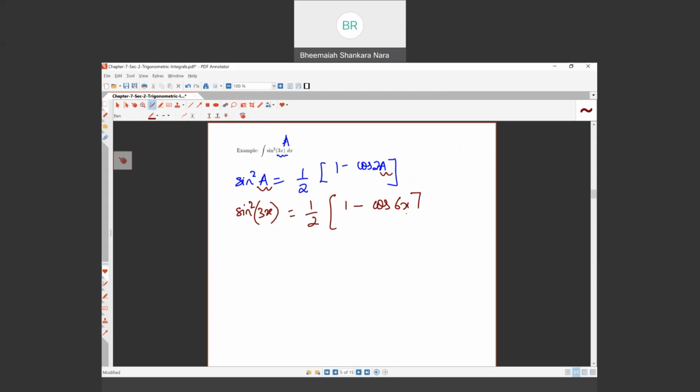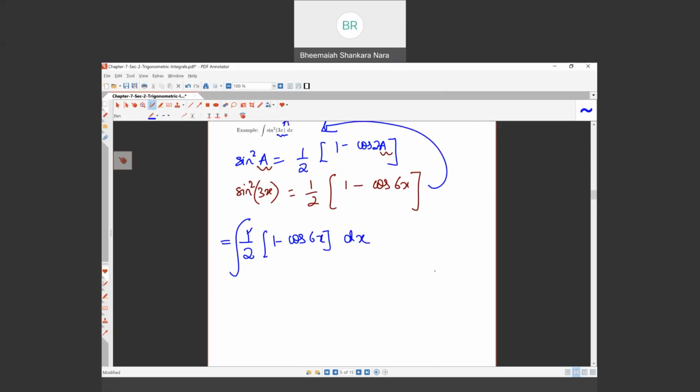Now that we have an identity for sine square 3x, let's go back and plug this into the given integrand. So the integral looks like this. This is 1 half integration of 1 minus cosine 6x and then a dx. Now 1 half is a constant.